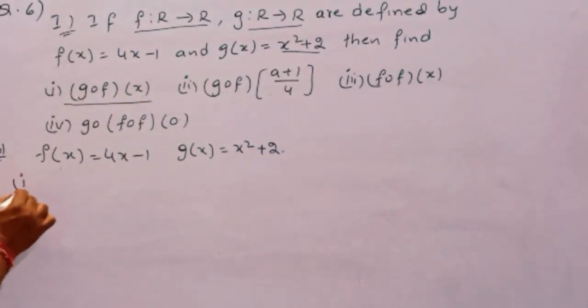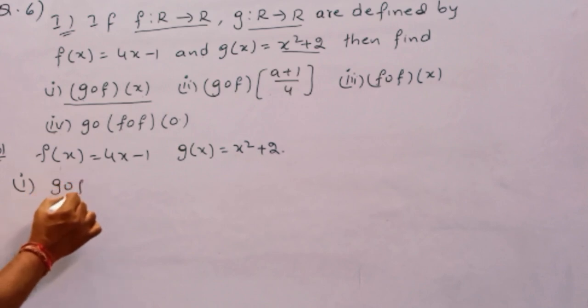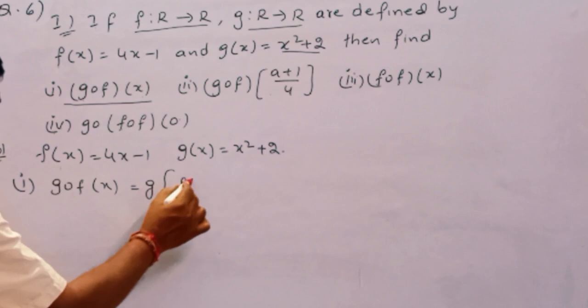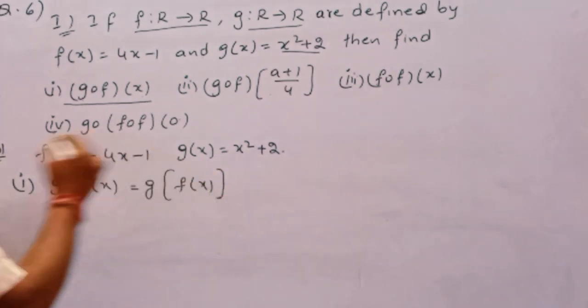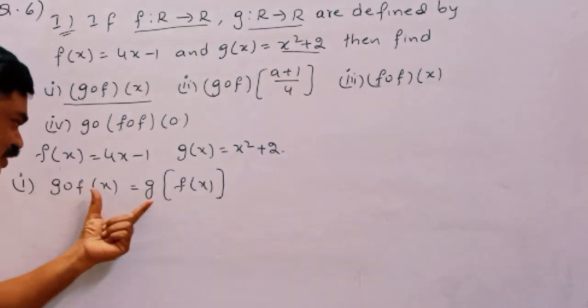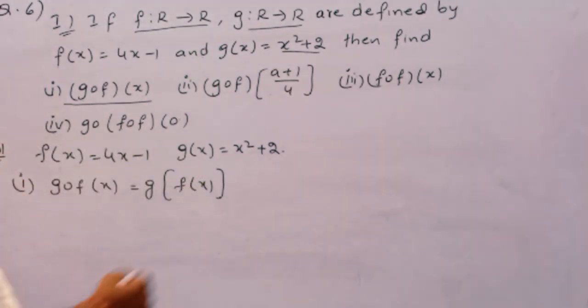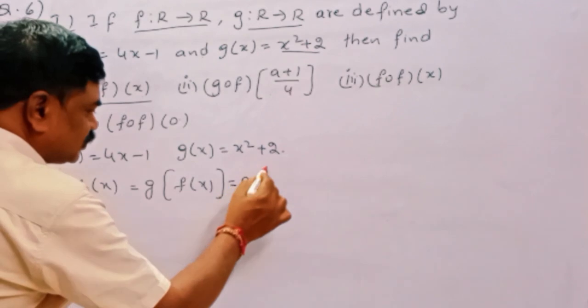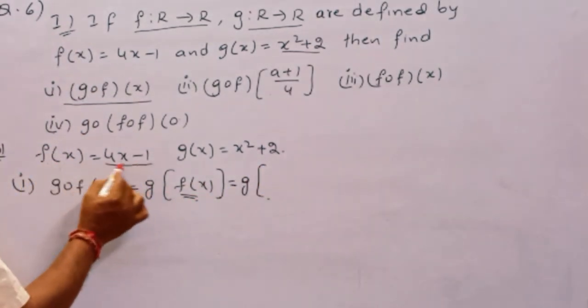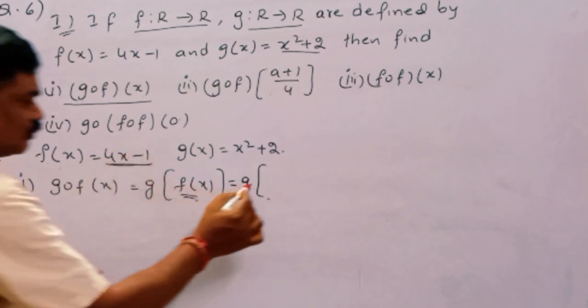First one, g circle f of x is equal to g of f of x. Okay, all of you, g circle f of x can be written as g of f of x. So this is equal to g of, what is f of x? f of x is equal to 4x minus 1.